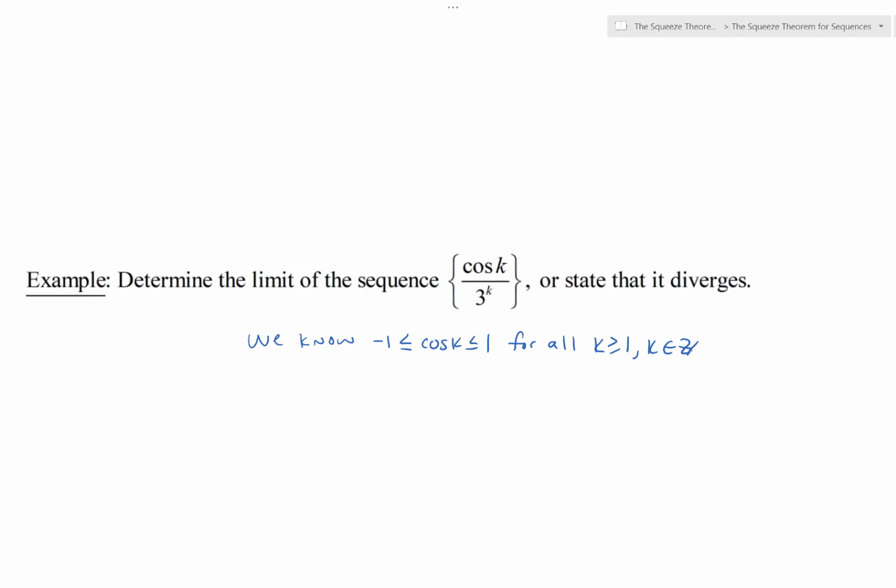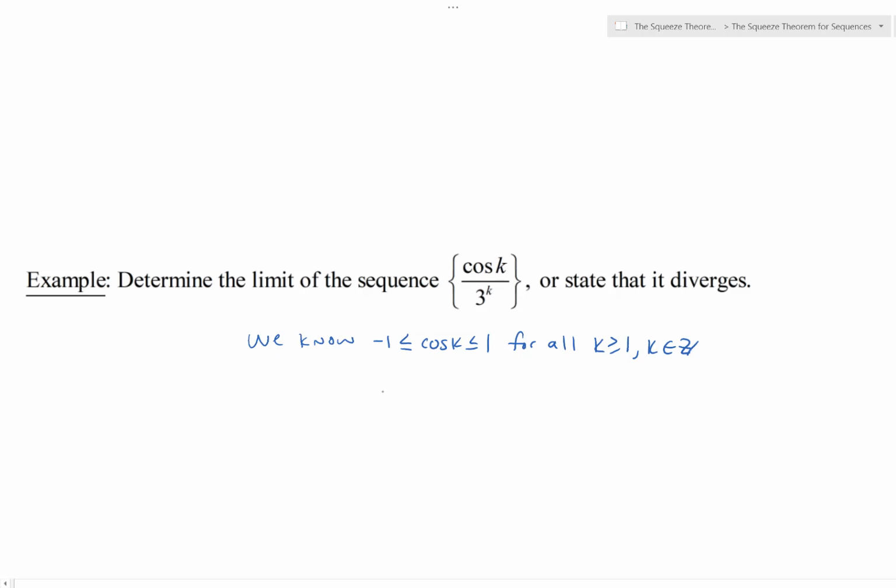Now, notice 3 to the k is always positive. So I can multiply all the parts of this inequality by 3 to the k, and I won't have to worry about that expression ever being negative and flipping the inequality signs.